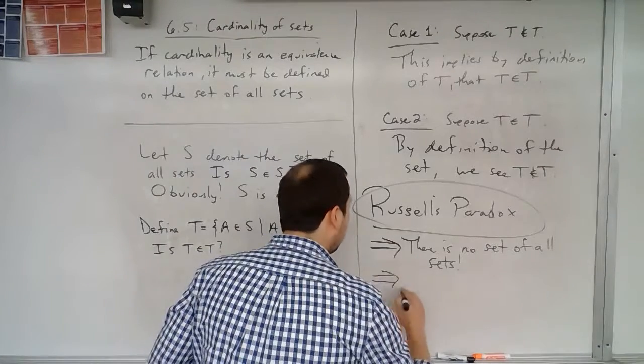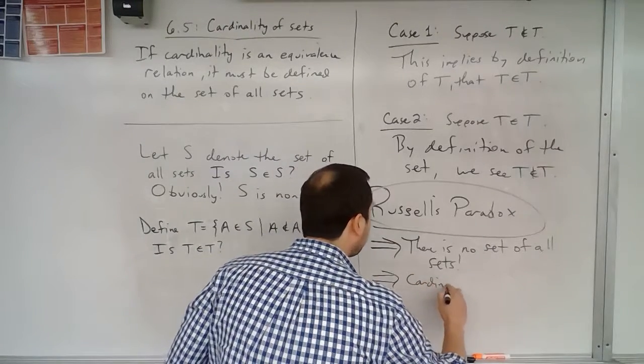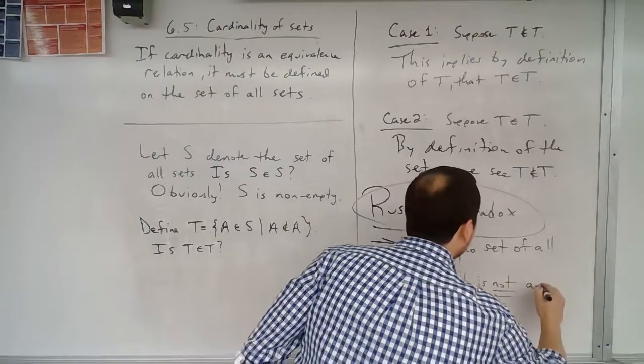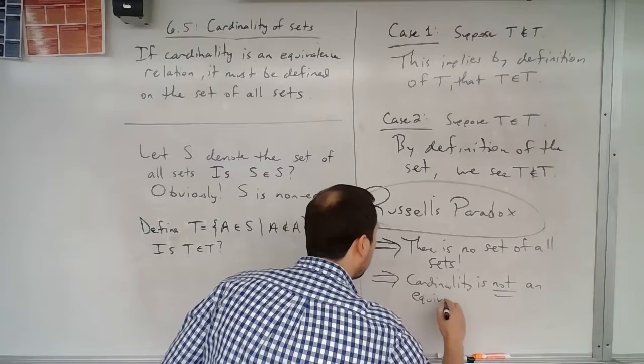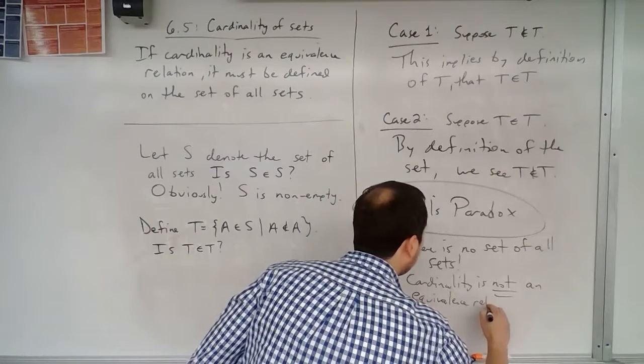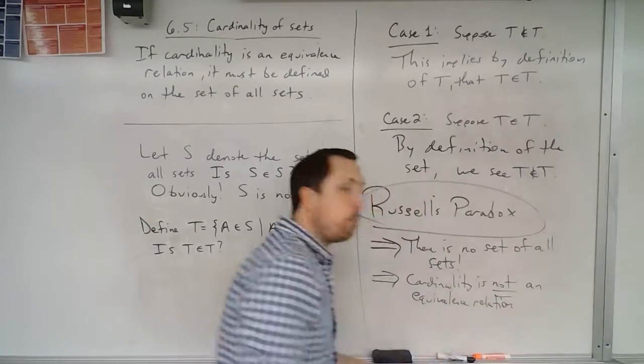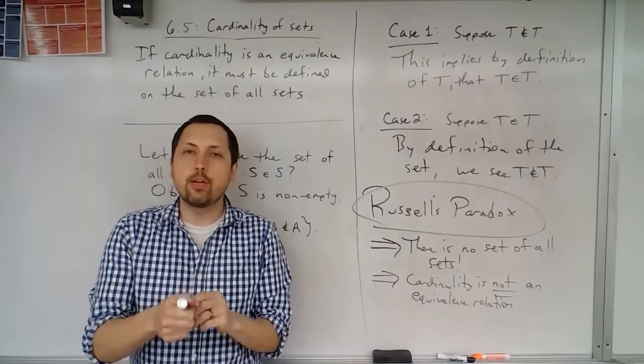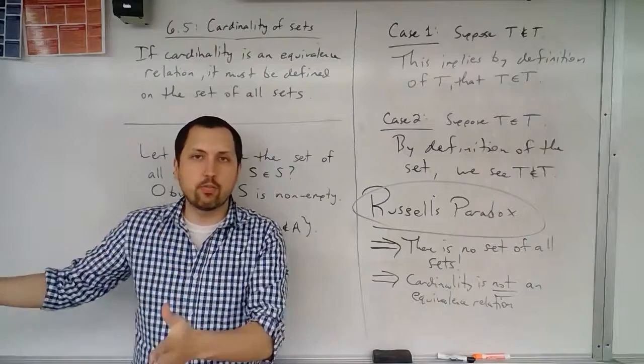So what that means then is that cardinality is not an equivalence relation. Because we don't have a set of all sets, we can't define an equivalence relation on the collection of all of the sets.